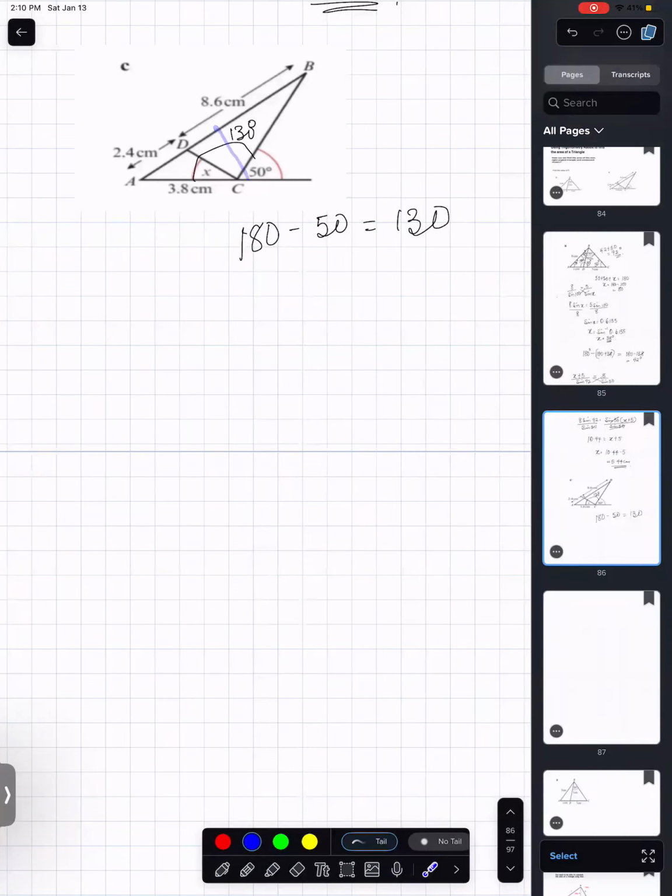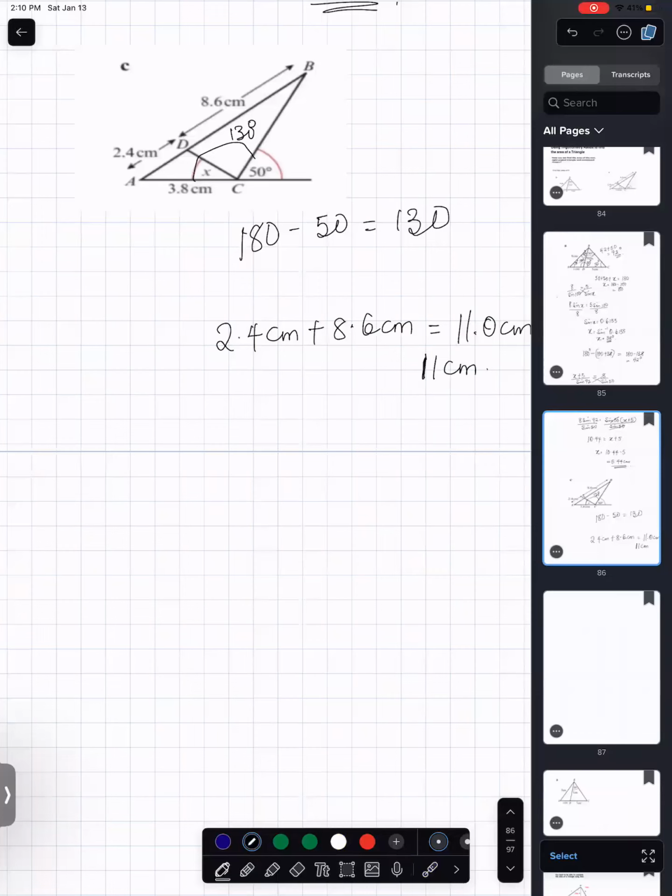So I'm adding 2.4 cm plus 8.6 cm. That gives 11.0 cm. I have it as 11 cm.